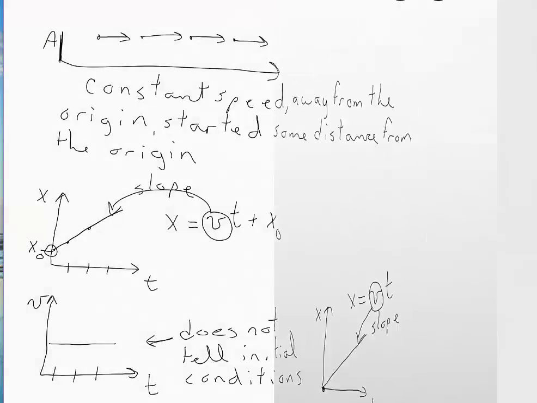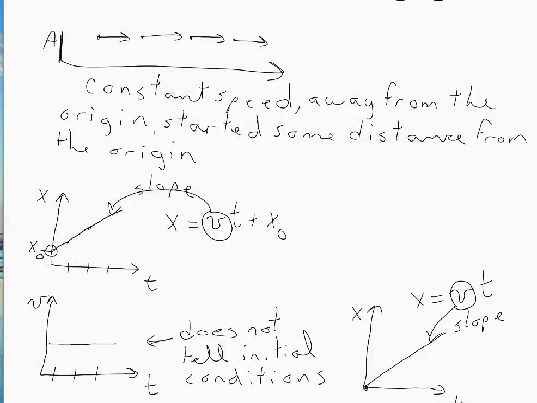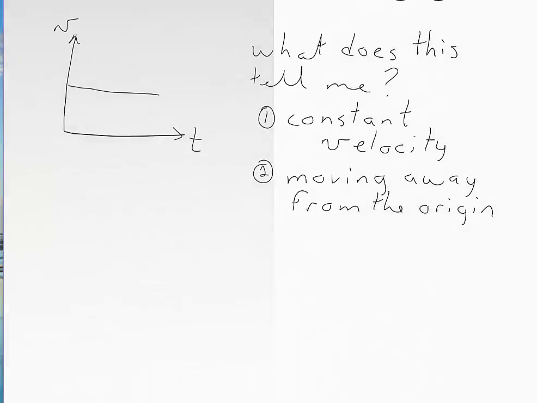When we were talking about position time graphs, we said that the slope was the speed, because remember that slope is change in x over change in t, right? By definition, and distance over time or displacement over time is velocity. Well, if we take a look at this velocity time graph, we can't take the slope of it because it would be 0.